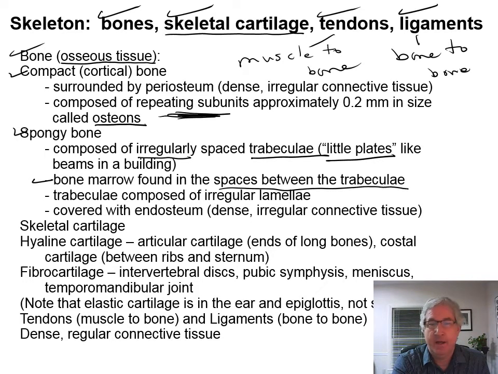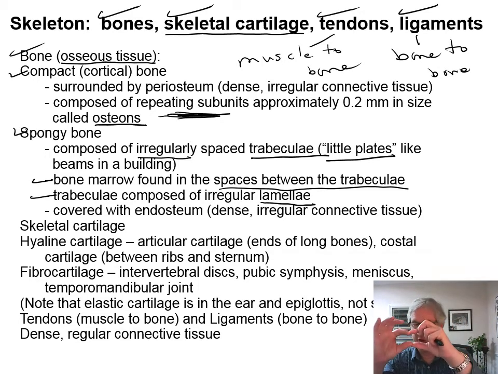Trabeculae, instead of having repeating subunits called osteons, have something that looks sort of like a squished osteon. It's called a lamella, and multiple is lamellae. Those are irregularly spaced. An osteon is a round thing, and a lamella is squished down, but it's actually a very similar structure.